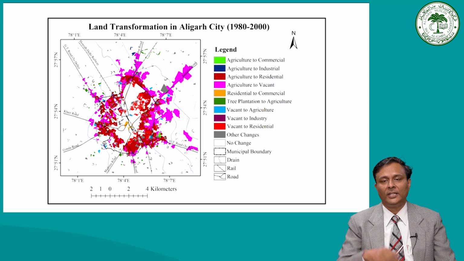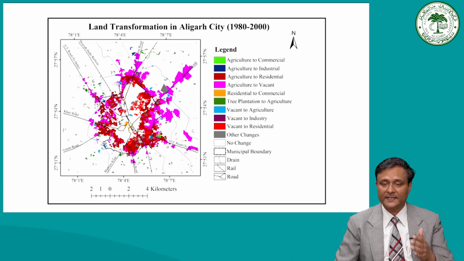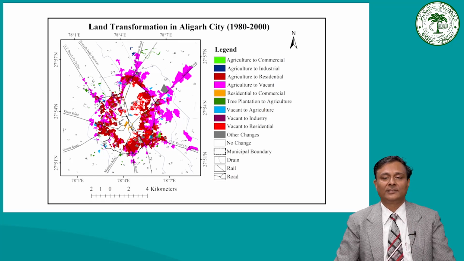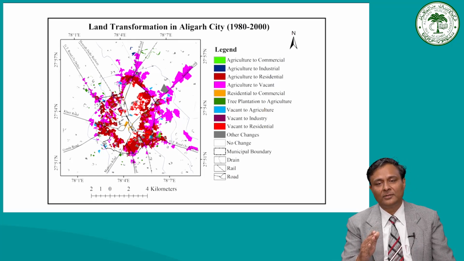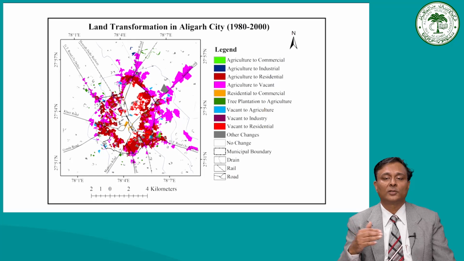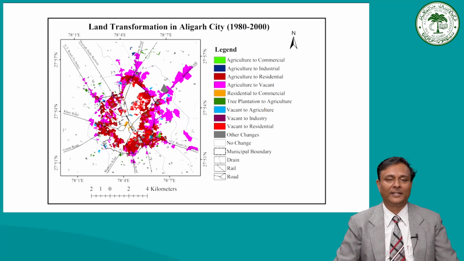When we overlay spatial information, the system compares each polygon. If it is the same, the system will assign no change. If there is change, then which land use is transforming to what land use is assigned. Then there is also generalization and merging to make the data presentable and error free.